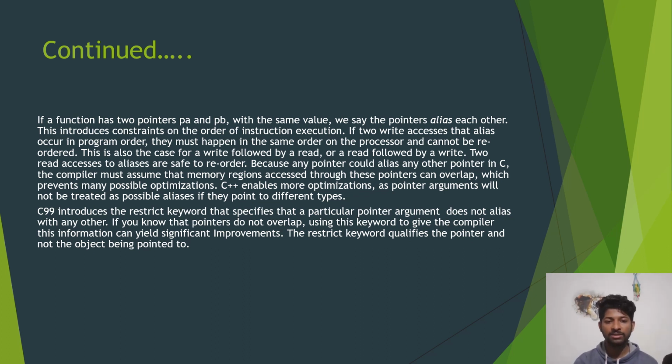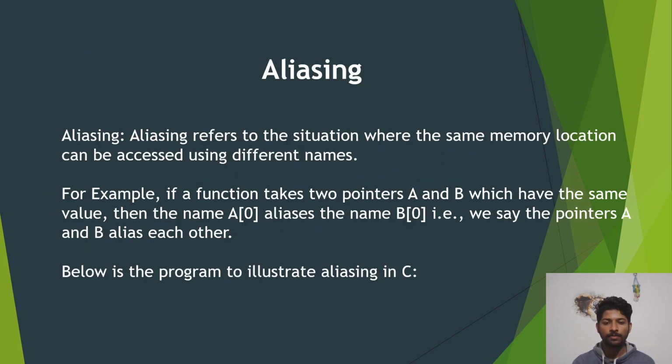C99 introduces the restrict keyword that specifies that a particular pointer argument does not alias with any other. If you know that pointers do not overlap, using this keyword to give the compiler this information can yield significant improvements. The restrict keyword qualifies the pointer and not the object being pointed to.